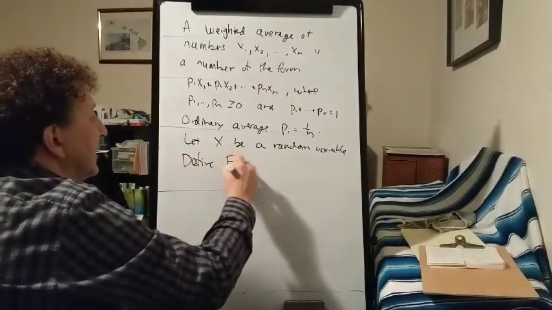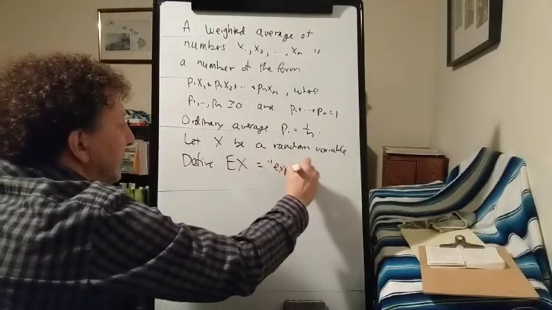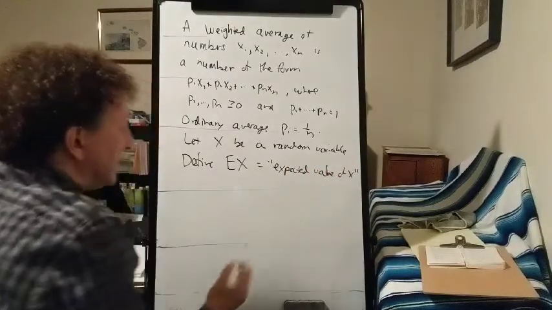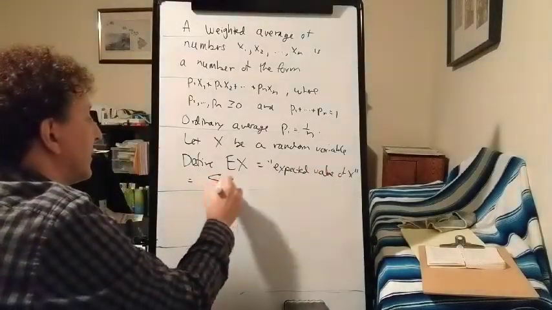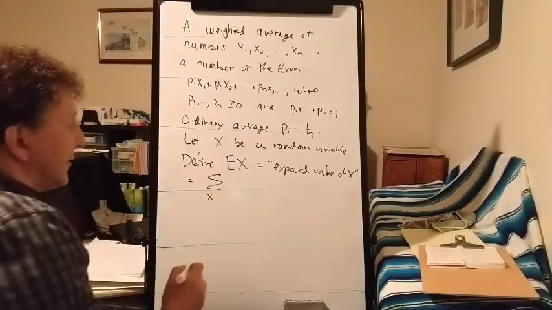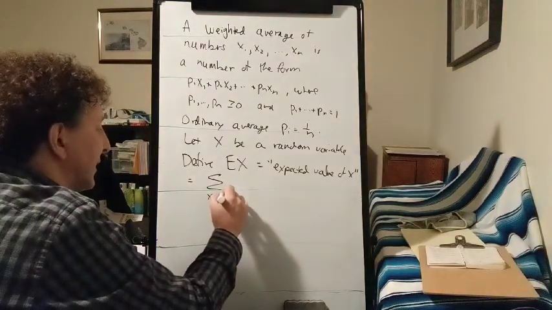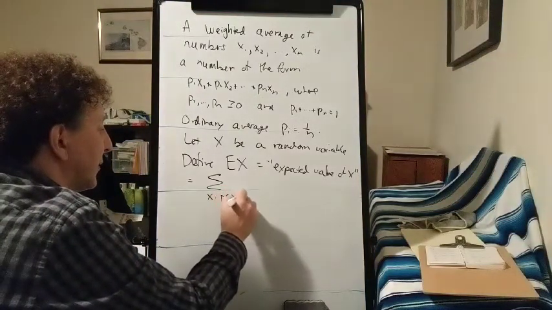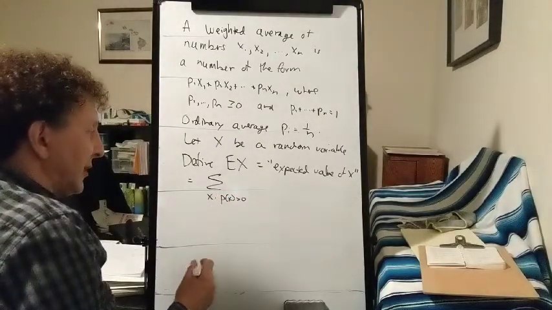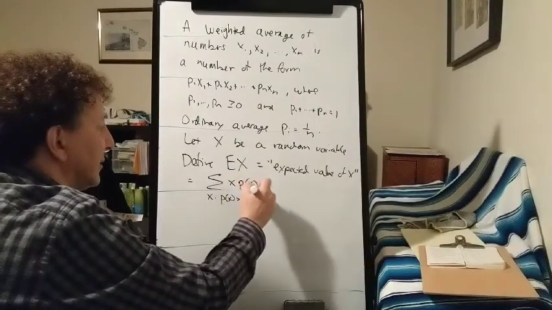And we define EX, which we call the expected value of X, to be the sum over all values little x such that the probability of getting that value is greater than 0, of x times the probability.